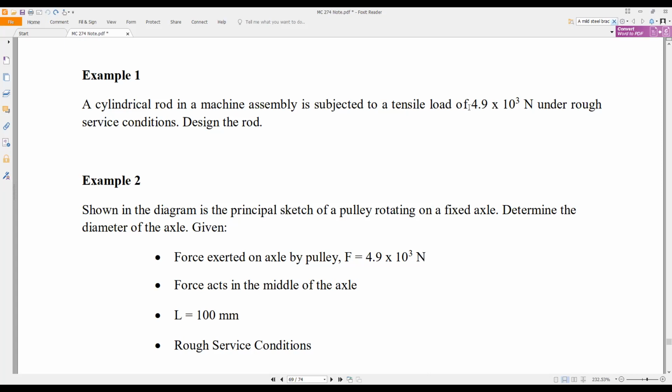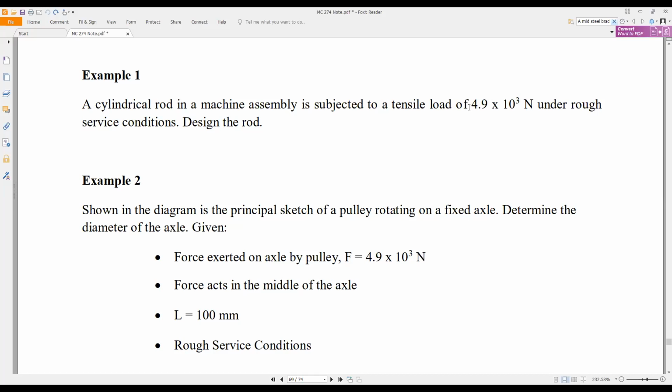If we know the ultimate tensile stress in the material, then based on where this part is going to be used, we can decide on the factor of safety to use.